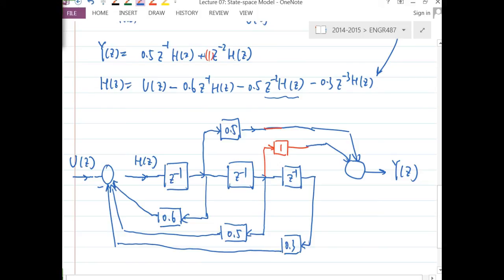Okay, there we go. That finished this loop of this simulation diagram. That makes sense? So this is actually called a standard programming.